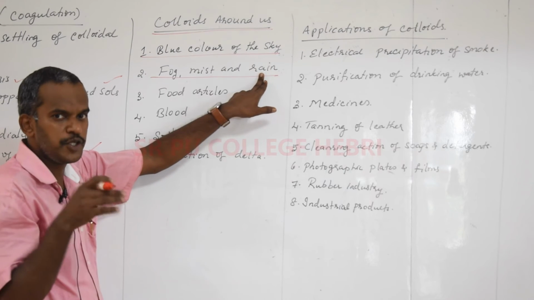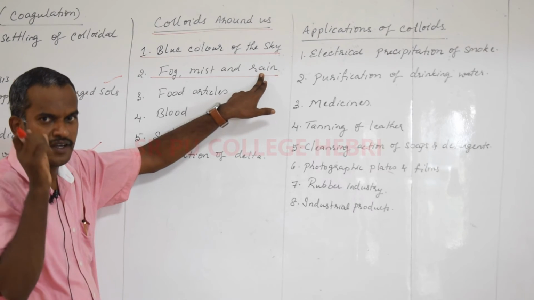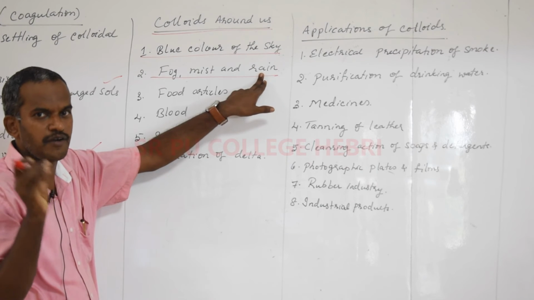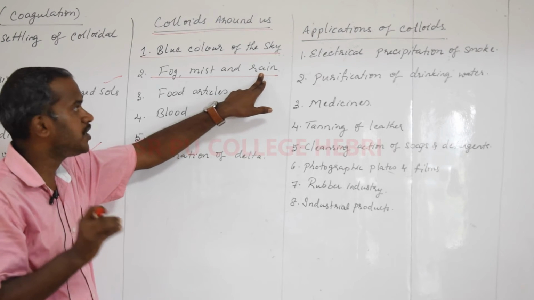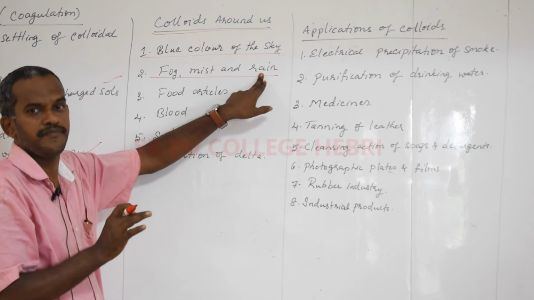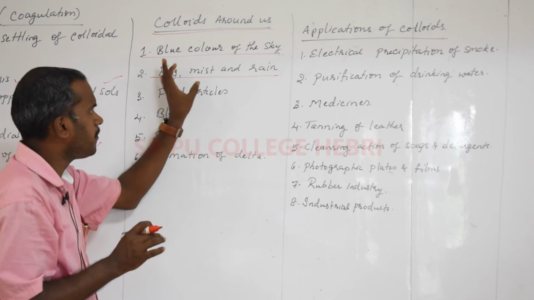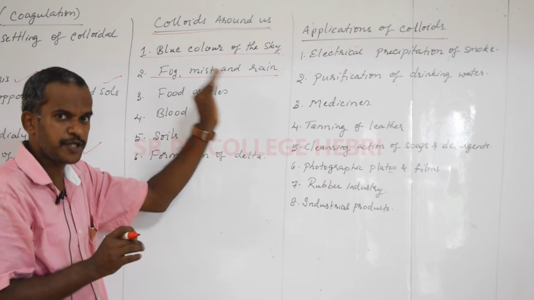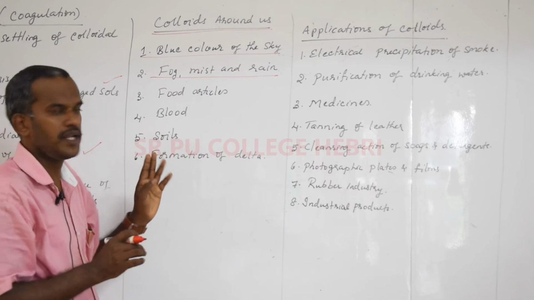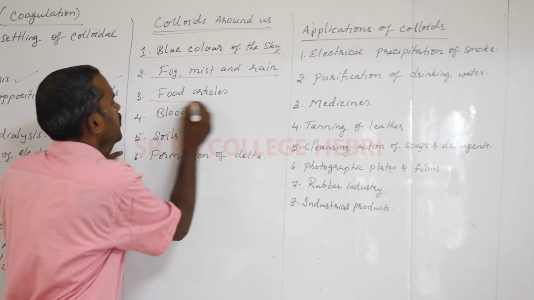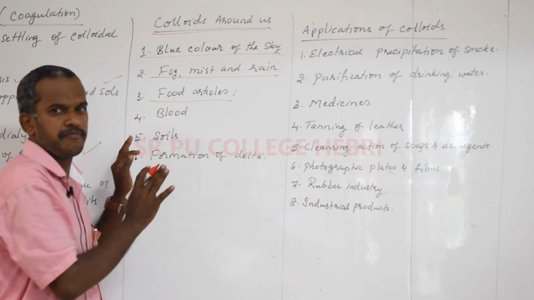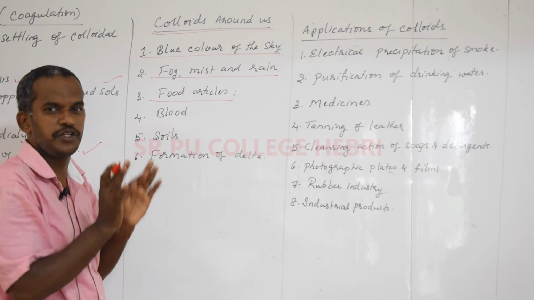Even when you study artificial rain, where we spray some silver nitrate or silver iodide crystals, that is also a colloidal phenomenon. I'm not going into the details, but remember that fog, mist and rain, which happen naturally, are also colloidal in nature. The different food articles, if I say ice cream, you will all remember, yes, ice cream is also a type of colloid.